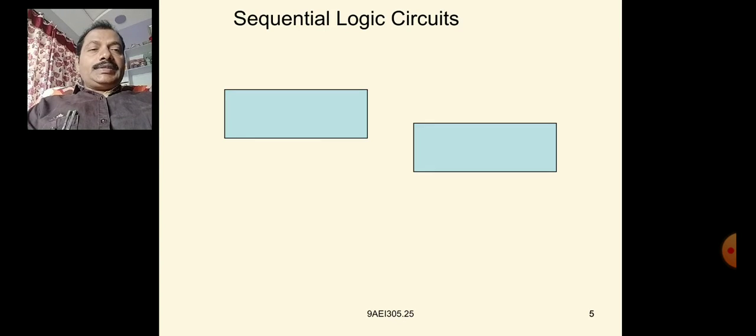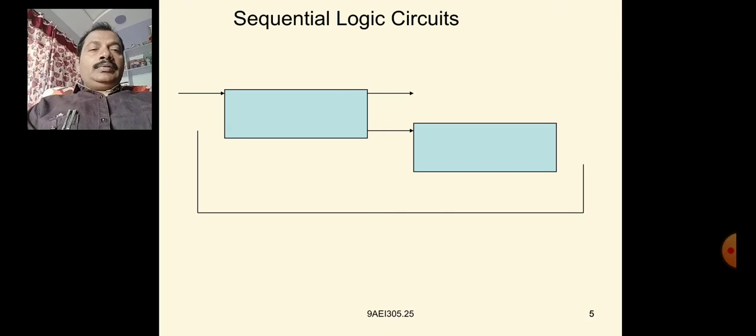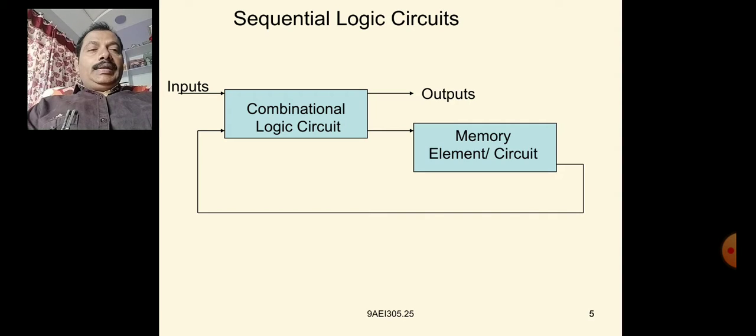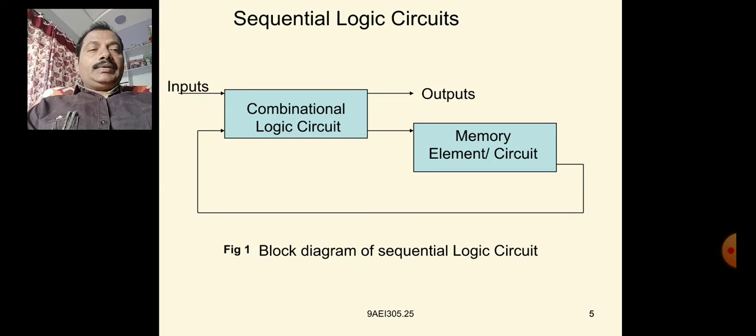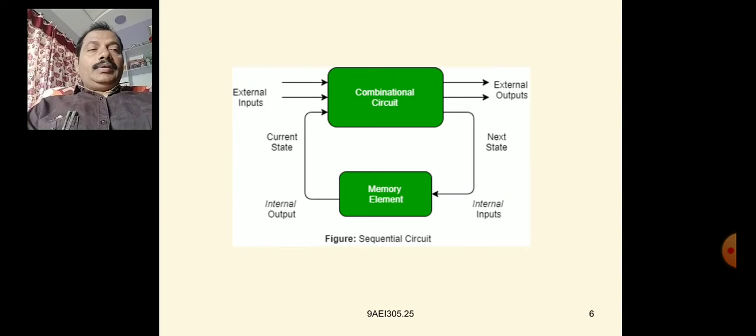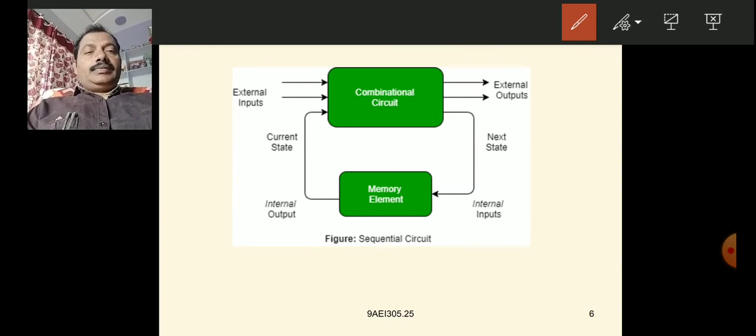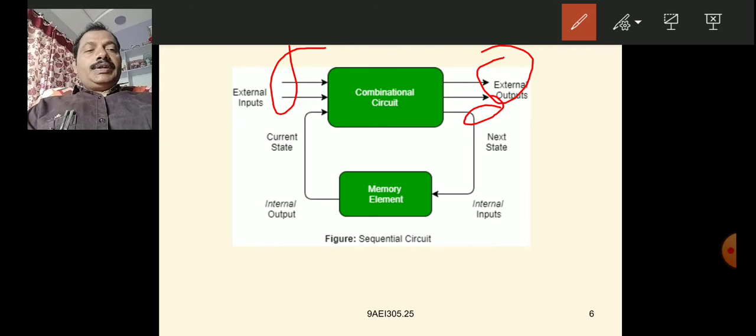So let us consider a sequential logic circuit. In this we have inputs and outputs, memory elements, and those are fed back. This is a sequential circuit. So this is the important one. You see the terminology: external inputs, external outputs of the sequential circuit, and some of the outputs are called next state.